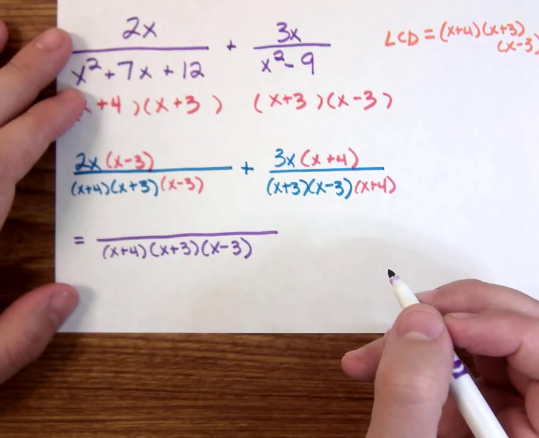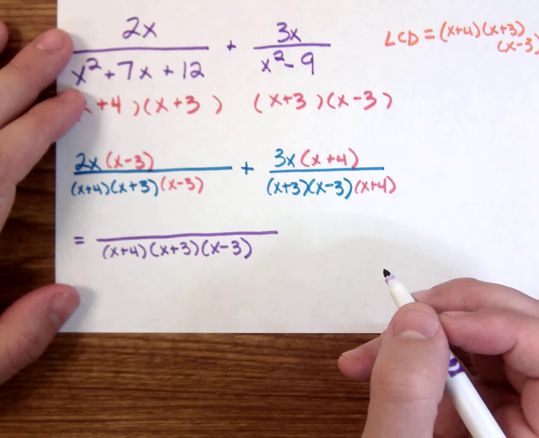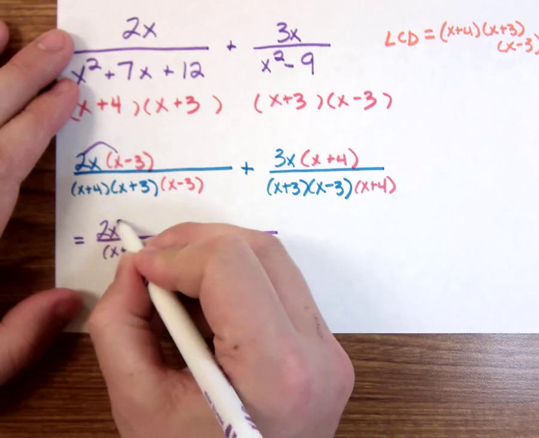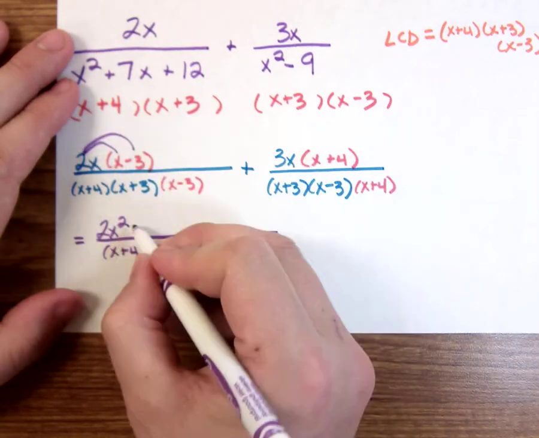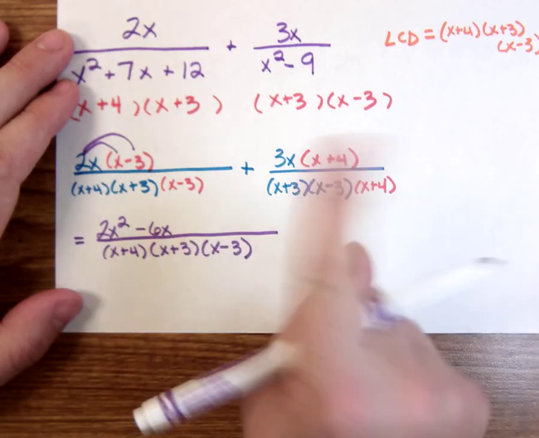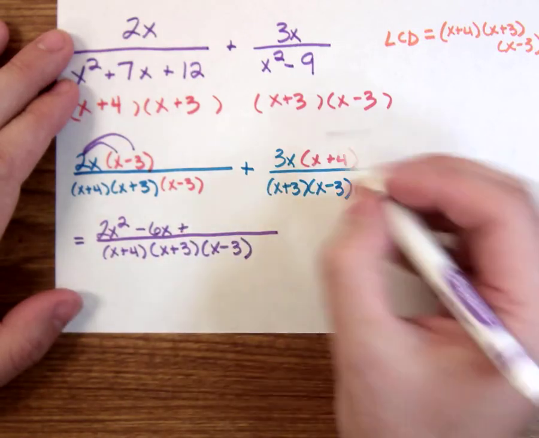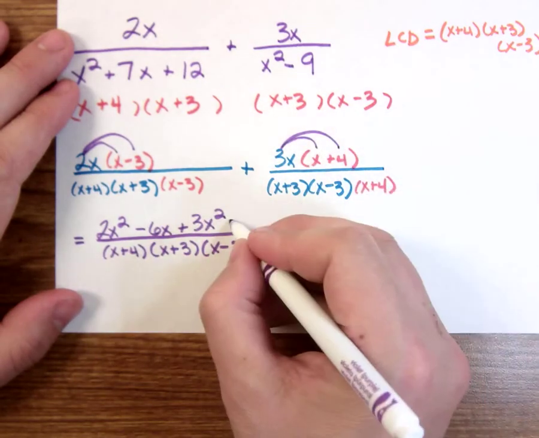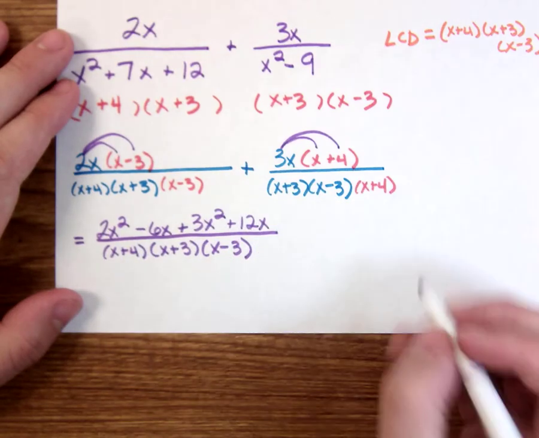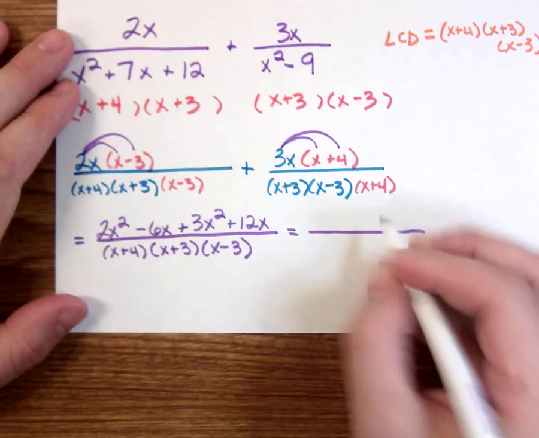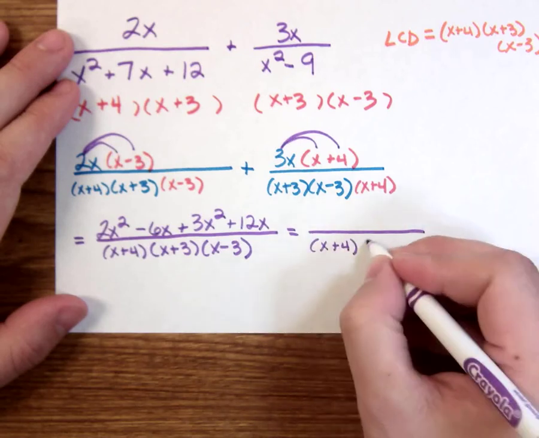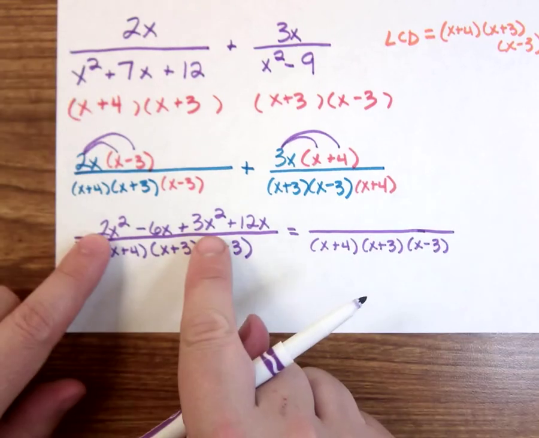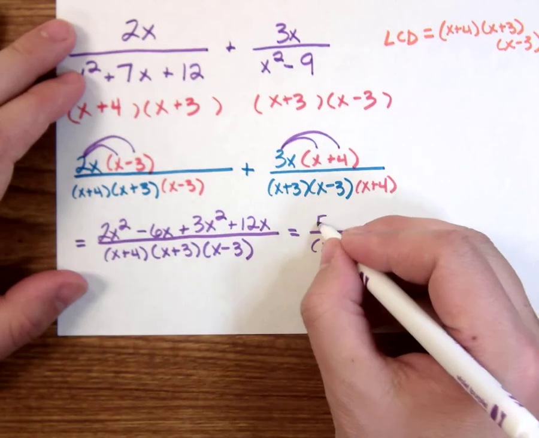And I'm going to try to save myself a little bit of time here, and when I put the numerators together, I'm going to go ahead and distribute them. So I'm going to do 2x times x, that's 2x squared. 2x times negative 3 is minus 6x, plus 3x times x is 3x squared, and 3x times 4 is 12x, equals the 2x squared and the 3x squared gives me 5x squared.